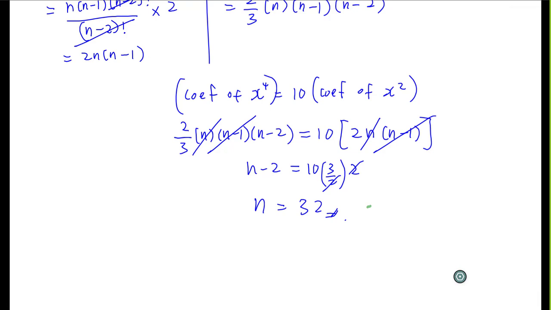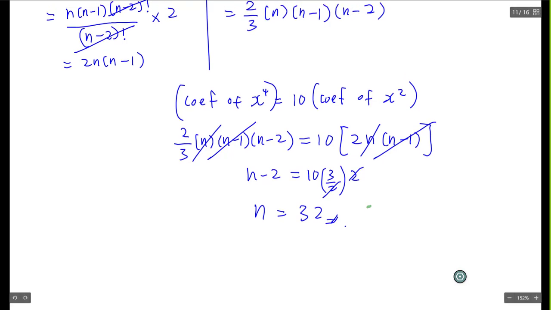I hope this is correct because 6 marks is going to be hard if I do anything wrongly. And this is wrong. n equals to 8.